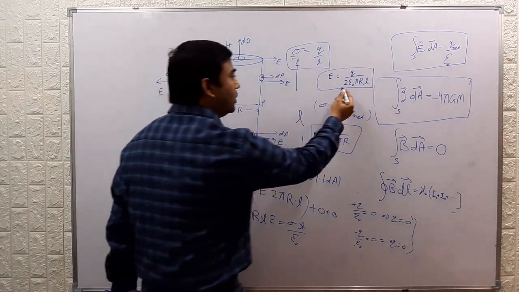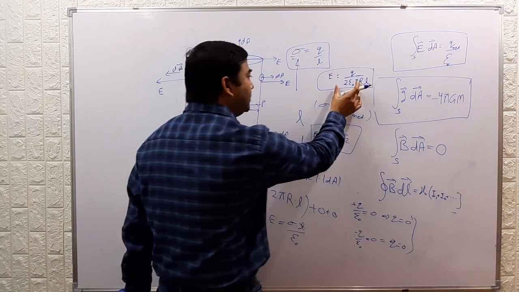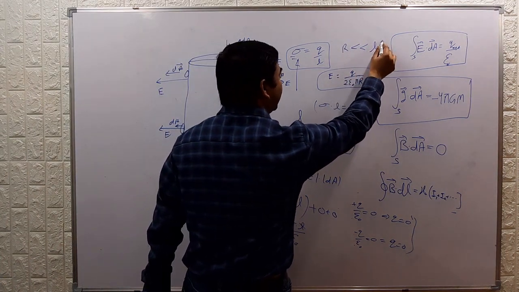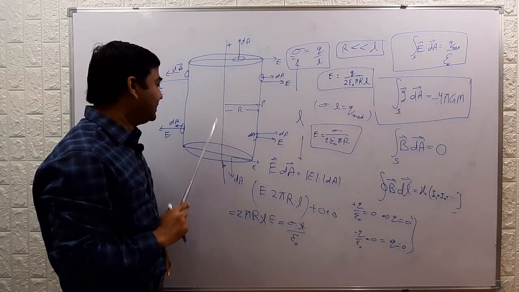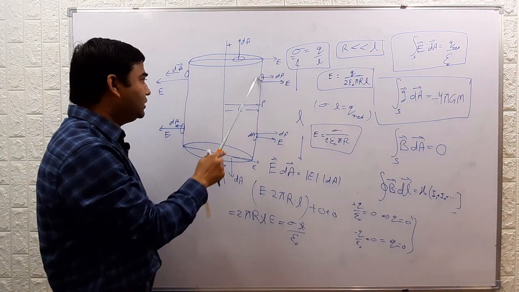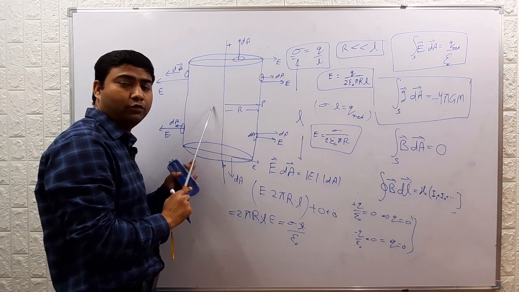And please remember, this is only true when r is very much less than L, because we have assumed the condition that the wire was infinitely long. Hence, all these points were symmetric with respect to the wire.